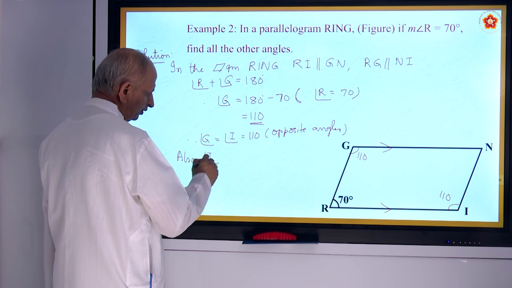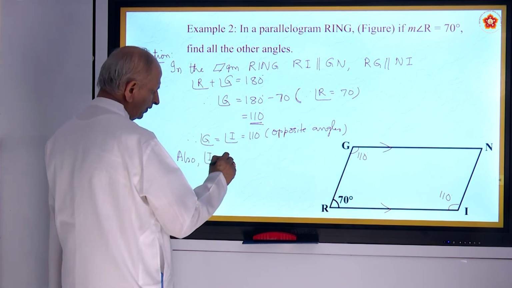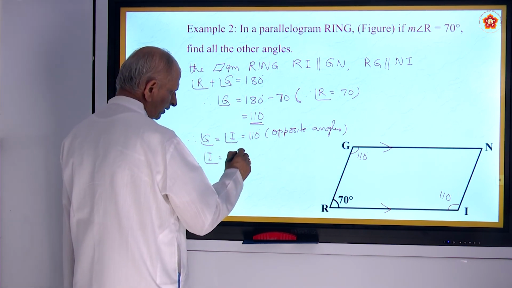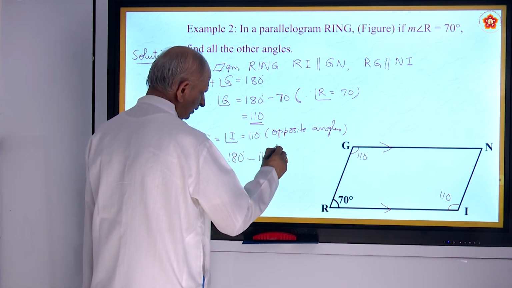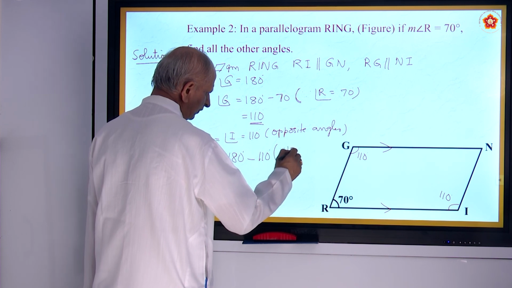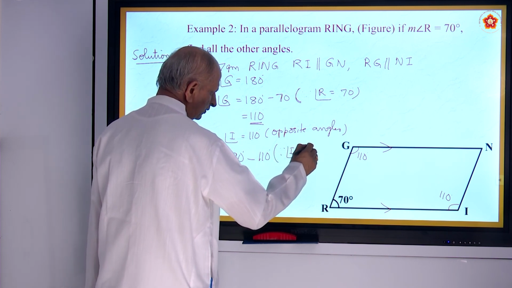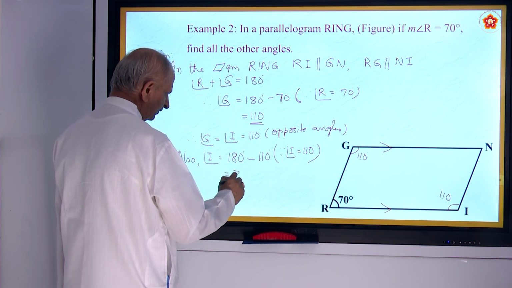Also, angle I is equal to 180 minus 110, because angle I is equal to 110, that is equal to 70 degrees.